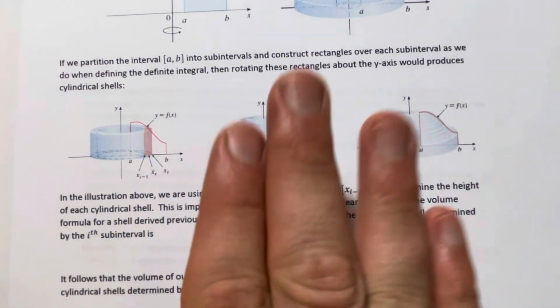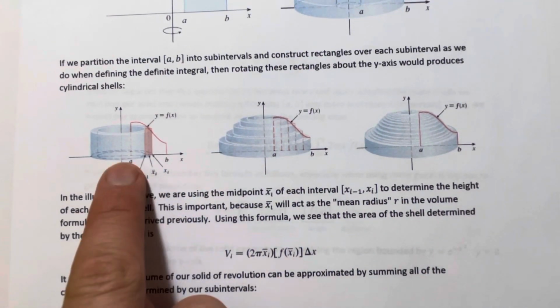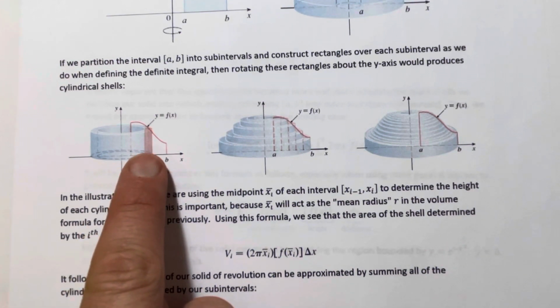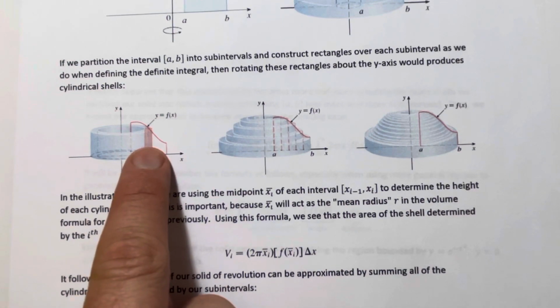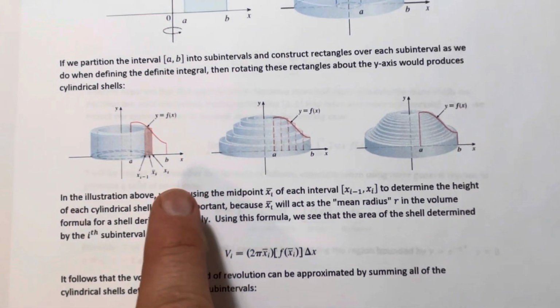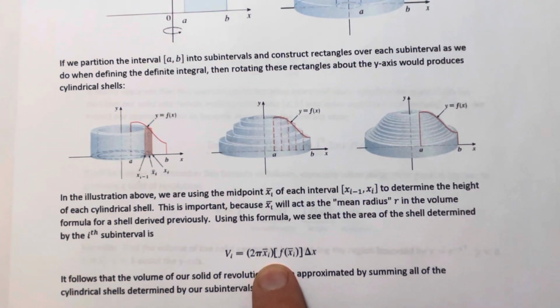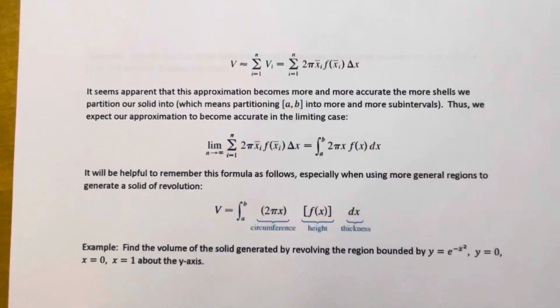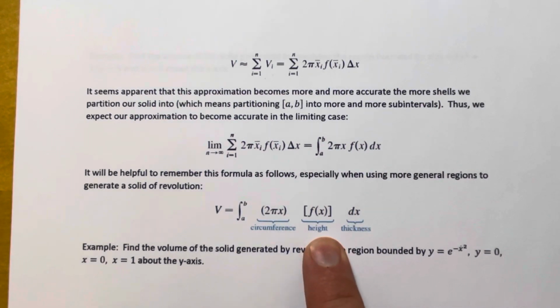X, in this example, came from that x̄i right there, but we're thinking of that as the distance between your approximating rectangle and the axis that you're rotating around. So if you choose a different axis, that x̄i can be something else, and we'll look at what that could possibly be. And then also we have the height of our rectangle right here, f(x).